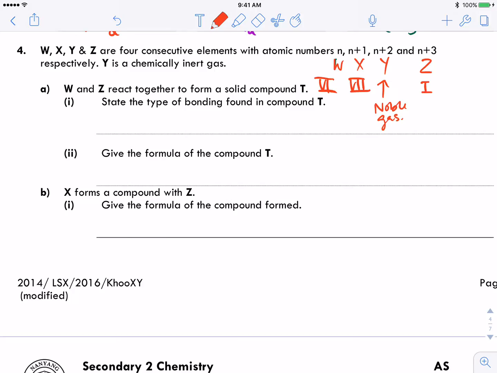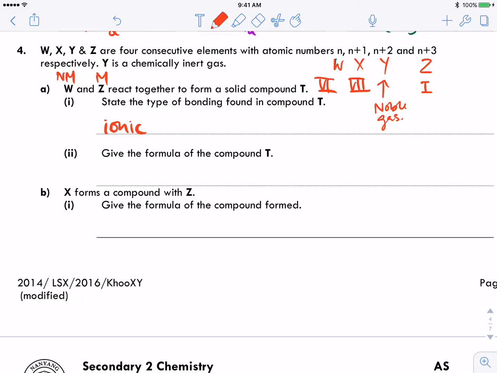Okay, so W and Z react together to form a solid compound T. Z is in group 1, whereas W is in group 6. So it tells us that Z is a metal, losing 1 electron, whereas W is a non-metal, which needs to gain 2 electrons. The type of bonding would be ionic.